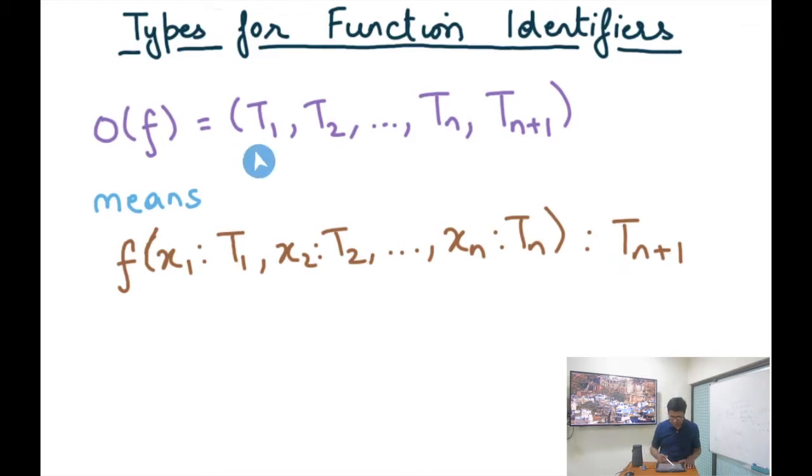So this tuple represents that the first n types are the types of the arguments, and the last type, tn plus 1, represents the type of the return value. Okay, notice that these types are for the formal arguments x1, x2, xn, and these can be replaced by the actual arguments during a function call dispatch.